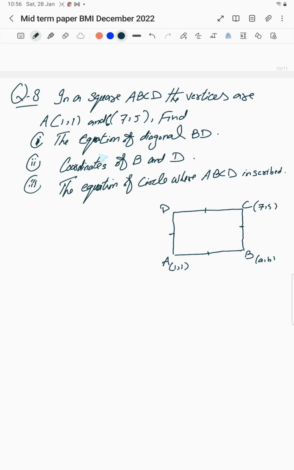We are looking for this diagonal BD. What will be the gradient of this diagonal AC? The gradient of AC will be the ratio of change in y to change in x. That will be 4 by 6, that is 2 by 3.